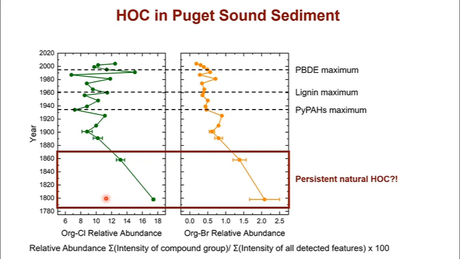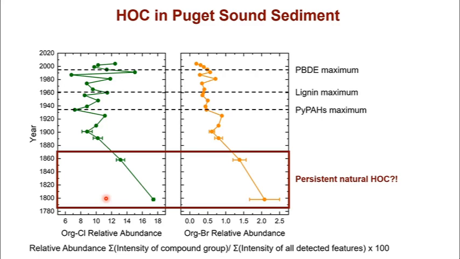So this particular one is actually not GC, this is FTICR. So I guess this is the reason. However, in the peat example, for example, we asked, okay, if organobromine seems to be accumulating, then the question is, how does it relate to organic carbon?